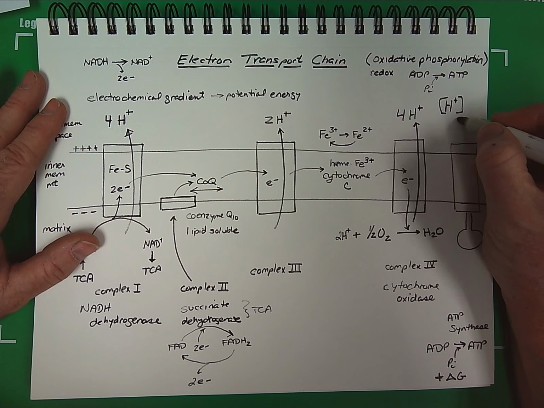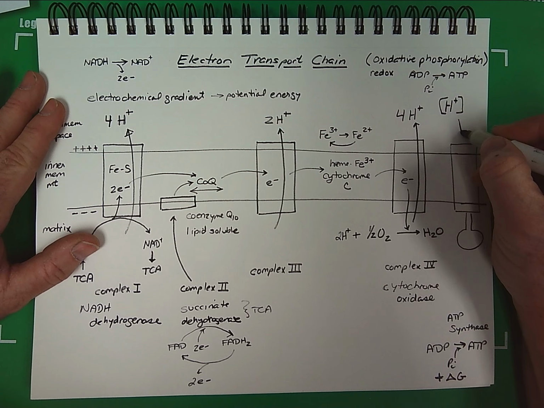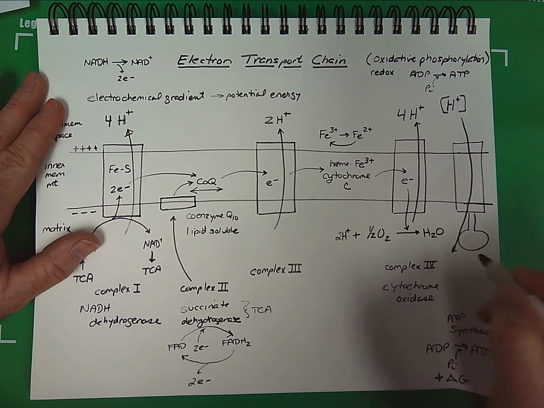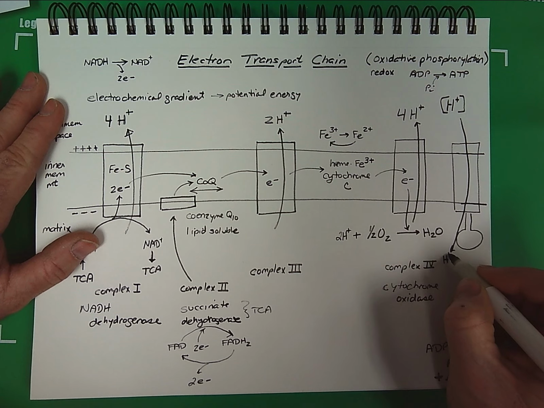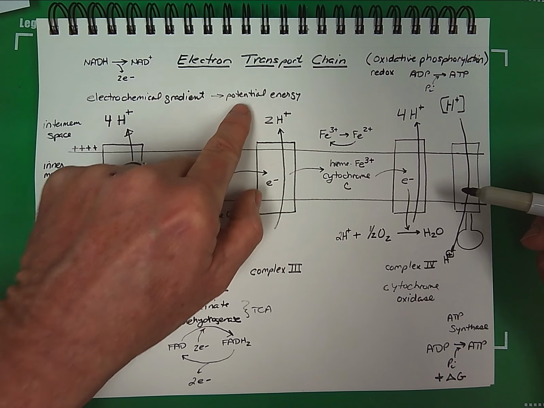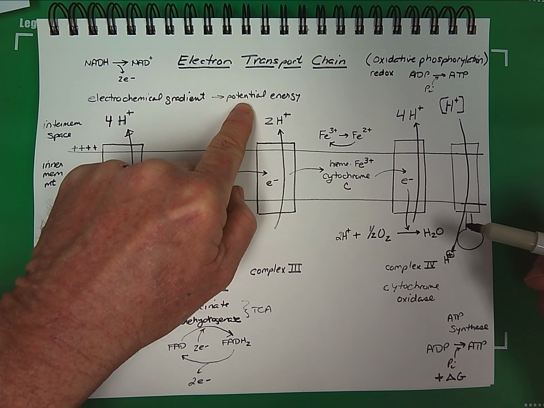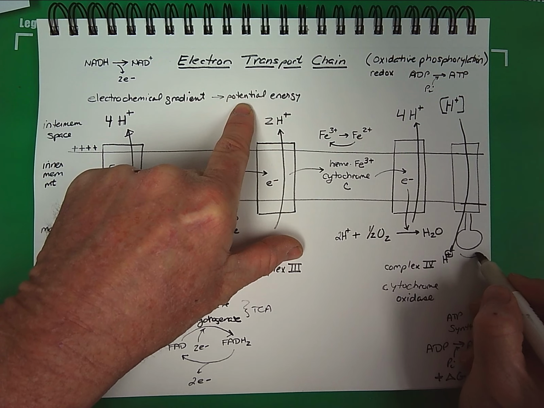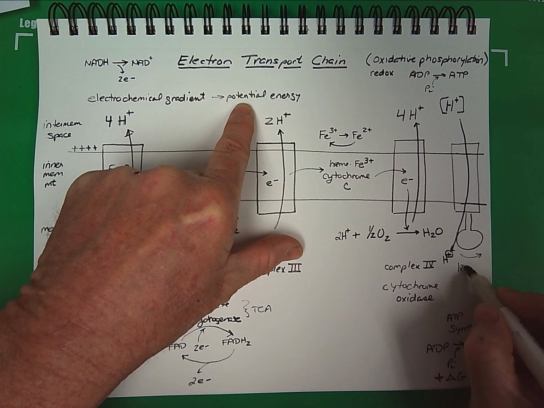So as the gradient is allowed to dissipate through this complex of ATP synthase, this movement of the gradient, we are losing potential energy by dissipating the gradient. And what we are going to do is turn it into kinetic energy.